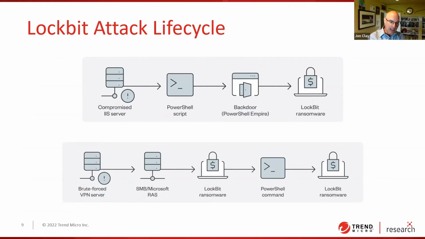They drop the Lockbit ransomware, run PowerShell commands, and do more Lockbit ransomware. This is pretty common among these ransomware groups, where they offer multiple ways of running their campaigns, so to speak.